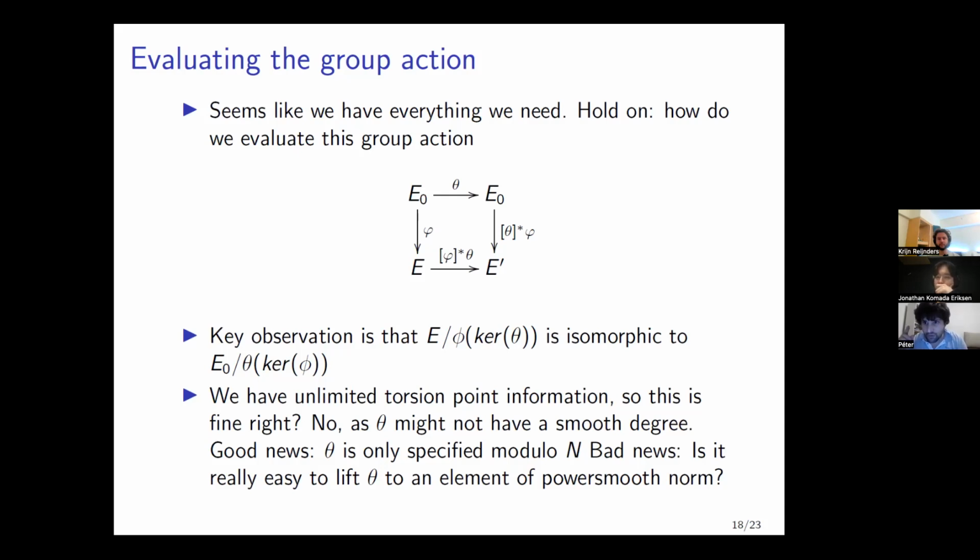One teeny tiny obstacle here is, as I mentioned, you can evaluate your phi anywhere you want, but the thing has to be defined over a small extension field. Otherwise, you cannot even write it down. And if I just pick some random theta, why on earth would that be defined over a small extension field?